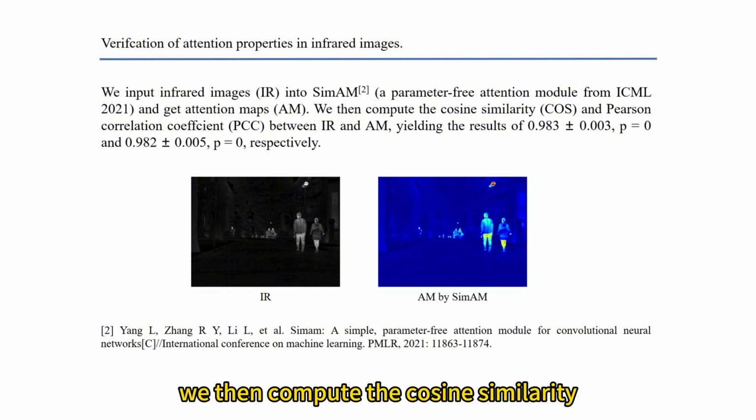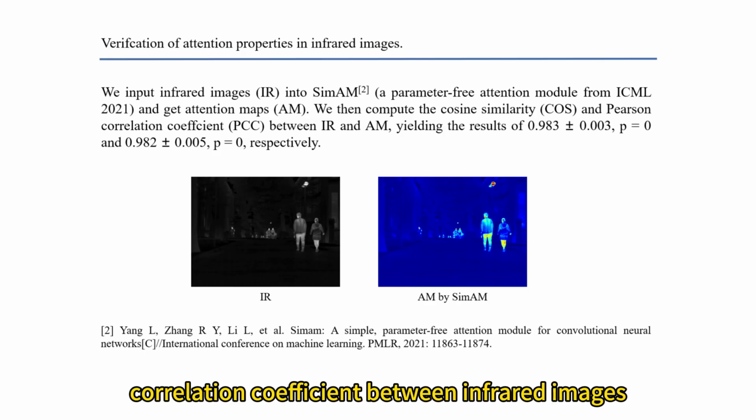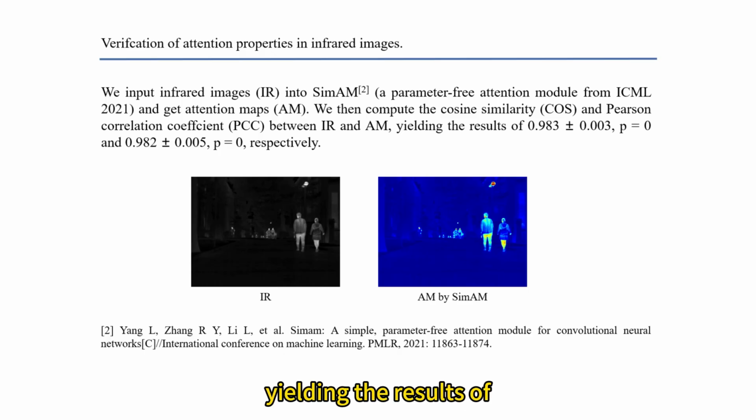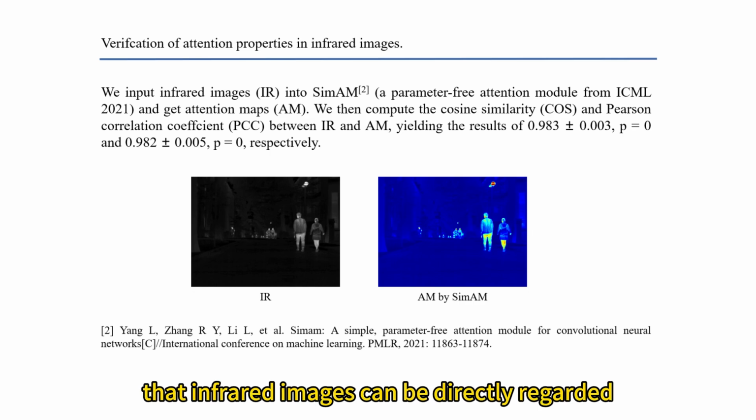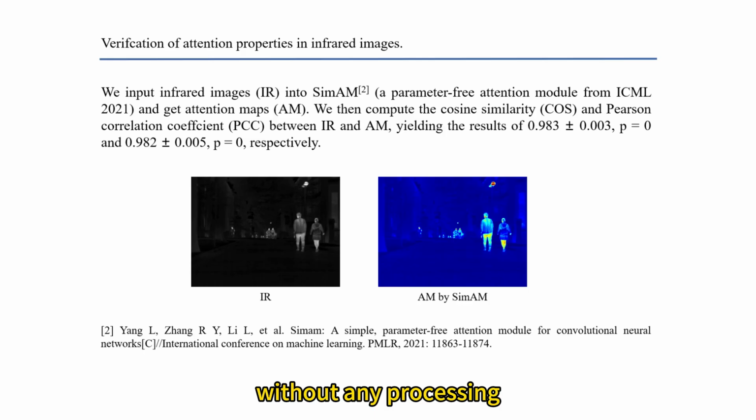We then compute the cosine similarity and Pearson correlation coefficient between infrared images and attention maps, yielding results of 0.983 ± 0.003, p = 0, and 0.982 ± 0.005, p = 0, respectively. The extremely high results and p-values are sufficient to prove that infrared images can be directly regarded as attention maps without any processing.